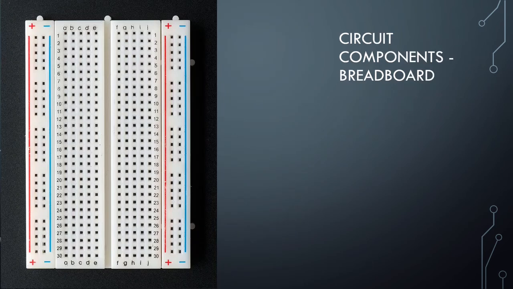So what are we plugging the wires into besides our board, our microcontroller? Well, you're going to be using a breadboard to start connecting additional components to your microcontroller. So this is a small breadboard right here. You'll notice there are positive and negative rails running along it, and then there's a space in the middle where we can arrange different components.